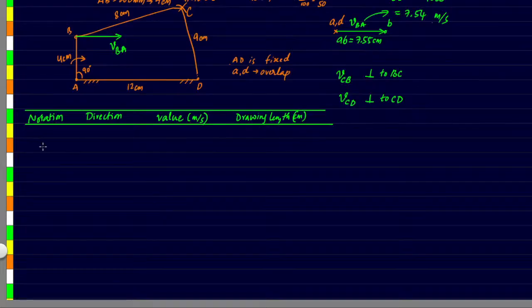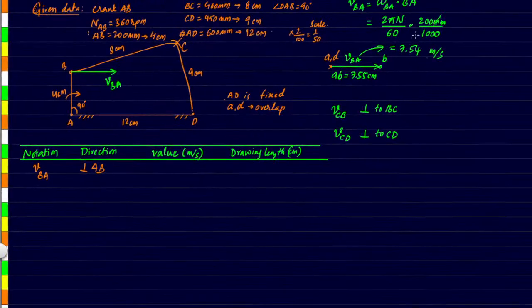One by one, let us do all of these. First notation is velocity of B with respect to A. Direction will be perpendicular to AB. Its value we have already found: 7.54.